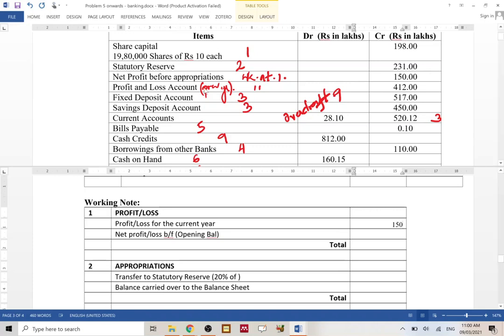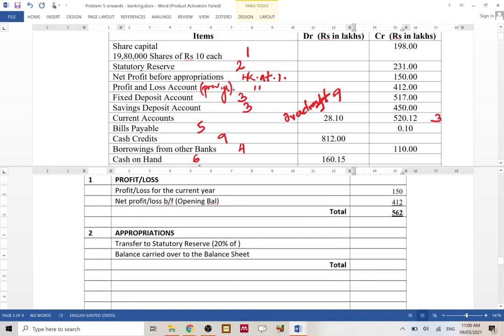And profit and loss account of the previous year, meaning the balance of profit and loss which has been brought forward, is 412. Correct? So 150 plus 412, total profits made during the year 562. Last year's profit plus this year's profit. Now how much remains from that, we will look at it in the transfer or in the appropriations. Okay.